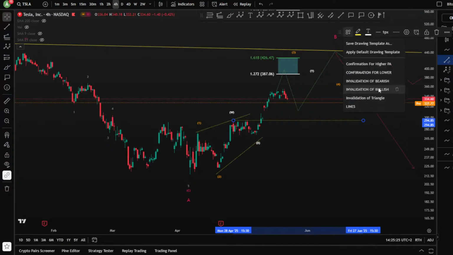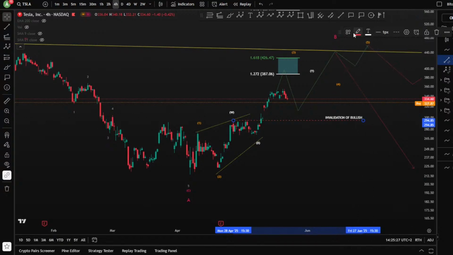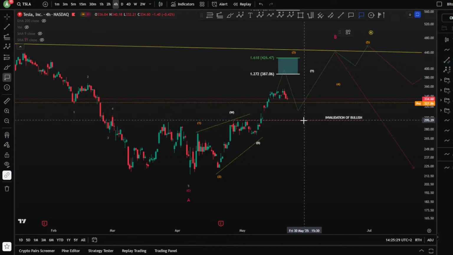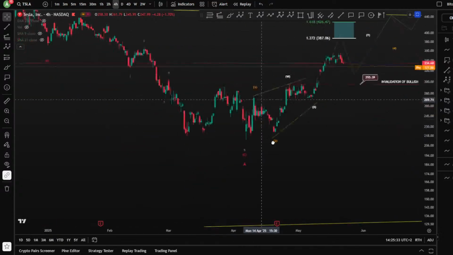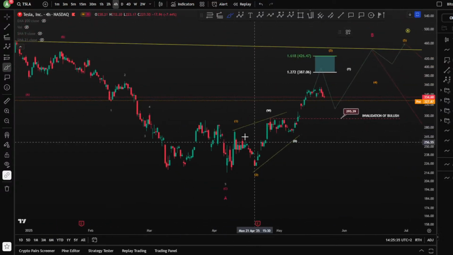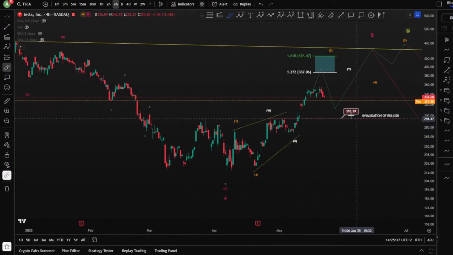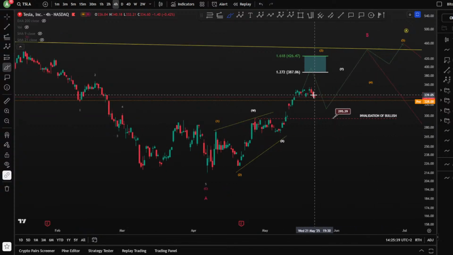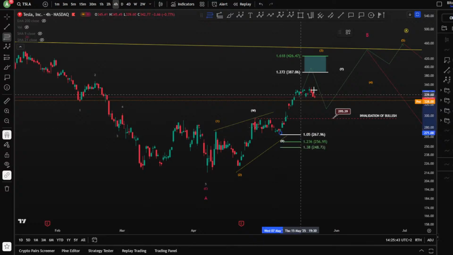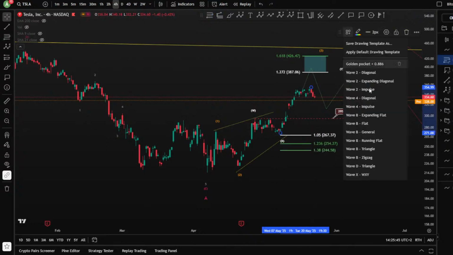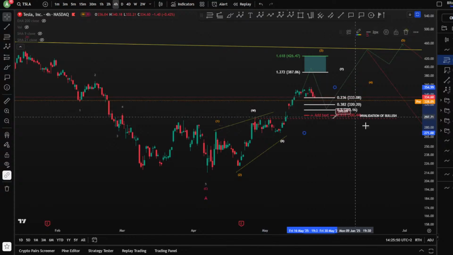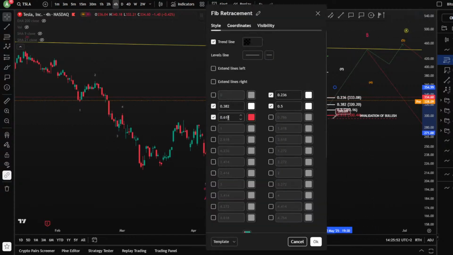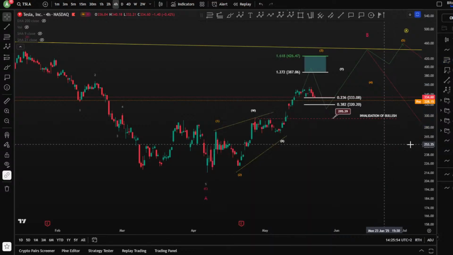So invalidation of bullish again is this price action here. If you take this price, meaning we're not bullish anymore, something corrective is going on over there. What you would like to see is, of course, this target wave 4, which is hit right now. Minimum target, of course, 0.23.